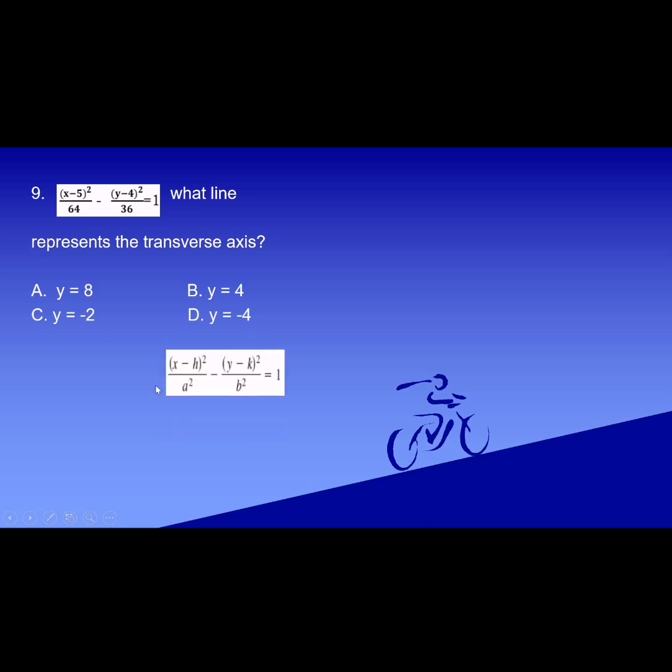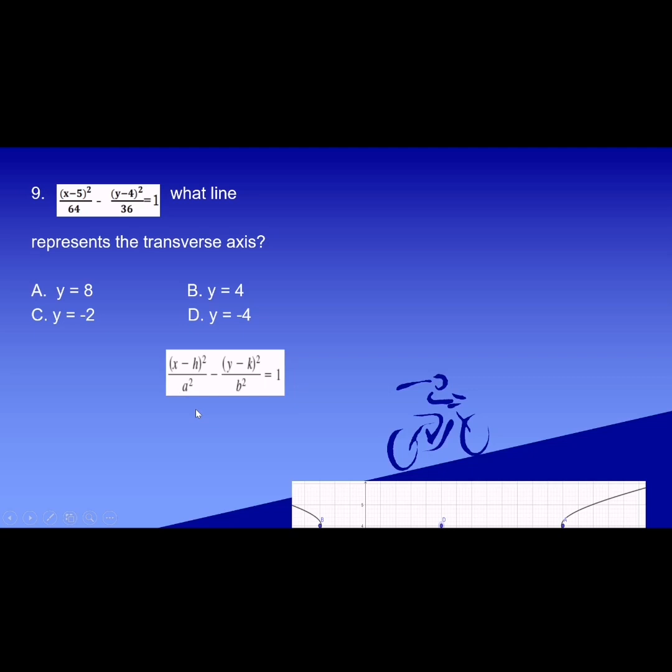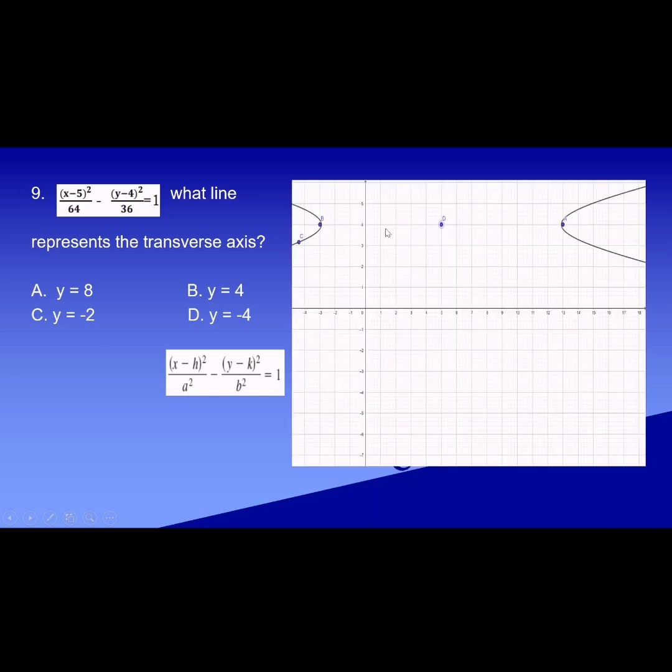We are using this standard equation since h and k are given. So the center of the hyperbola is not at the origin. We are asking for the line that represents the transverse axis, so let's find the line which represents the transverse axis.